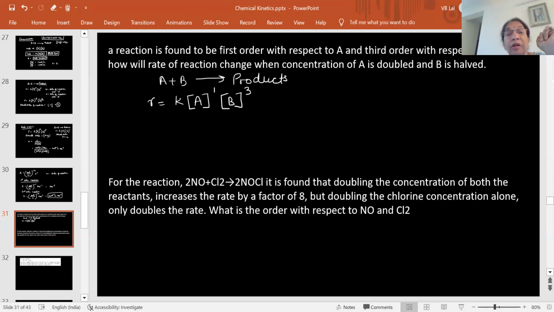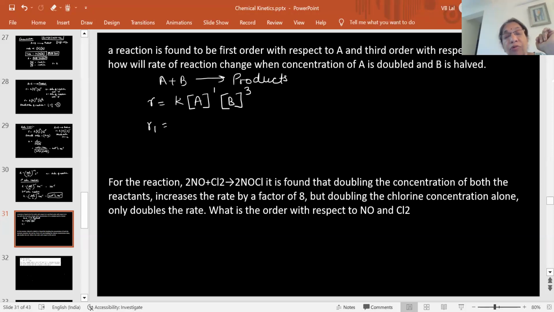Now what I have to do is find the new rate of reaction when I change the concentration. I double the concentration of A and I make the concentration of B half. So if the initial concentration was A, then I have to find the new rate of reaction.